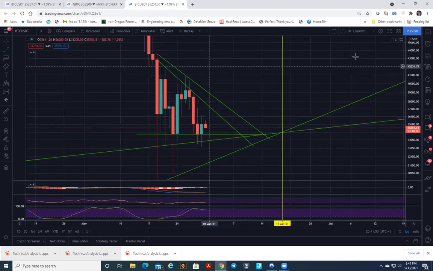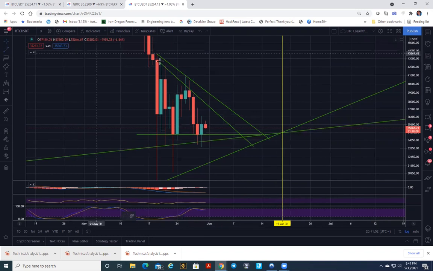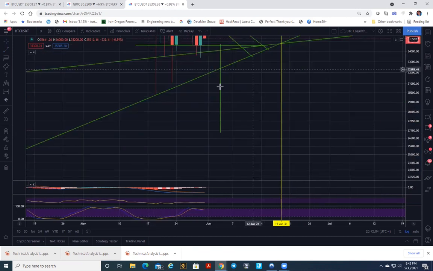All right, so the multiple things that can happen here are we have a breakdown of this price point, which would be from this line, from the body.